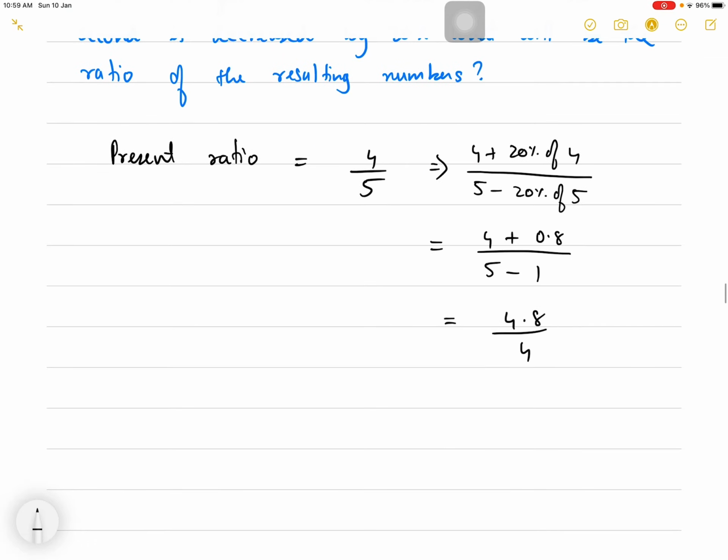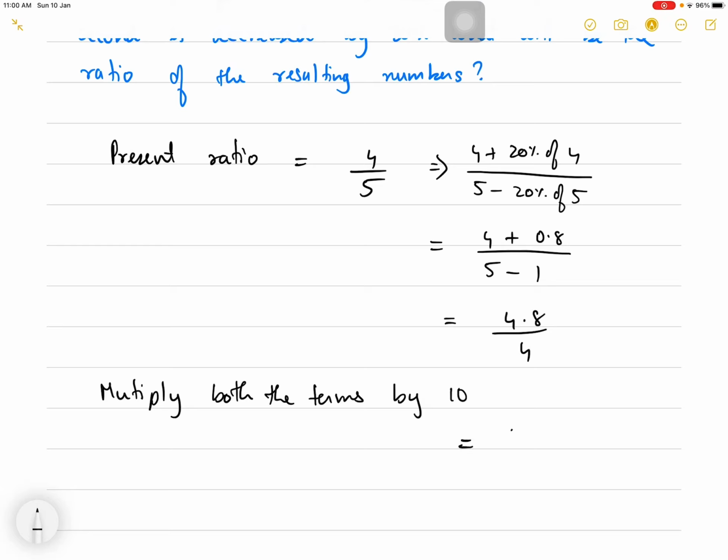Okay, so let's multiply numerator and denominator by 10 because I don't want that decimal point. I am just multiplying by 10 so that I can eliminate the decimal.